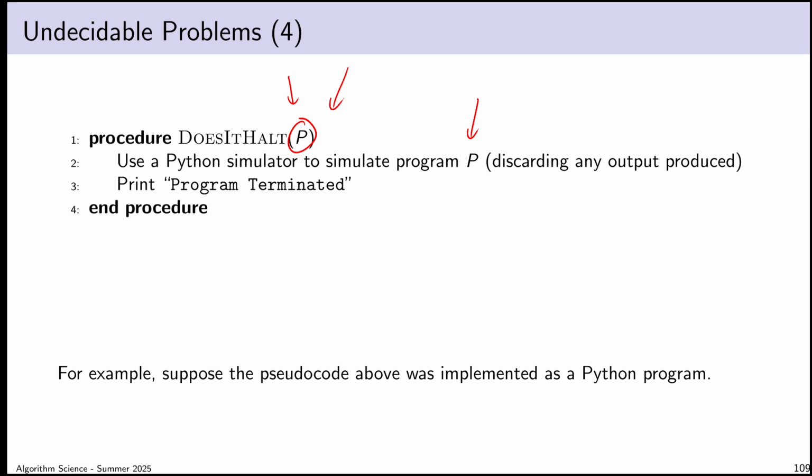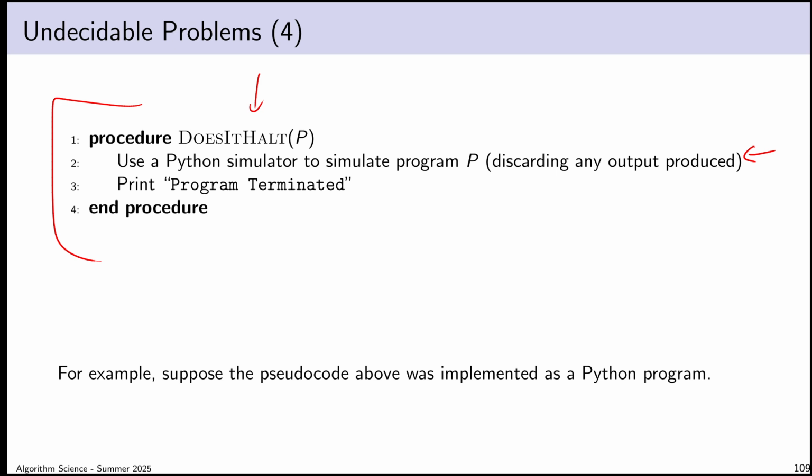However, when it's simulating that program, if program P generates any output inside the simulator, we just ignore it. We just discard any output produced. So this program, the outer program, the one implemented by this function here, does not produce any output under any circumstances during line 2. We just simulate the program silently in the background and ignore any output the program attempts to produce inside the simulator.